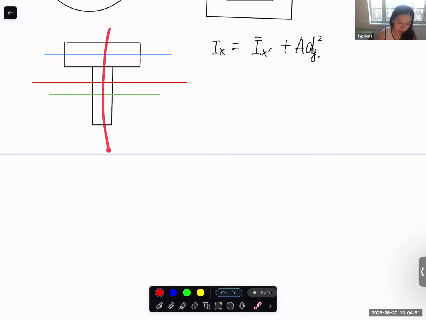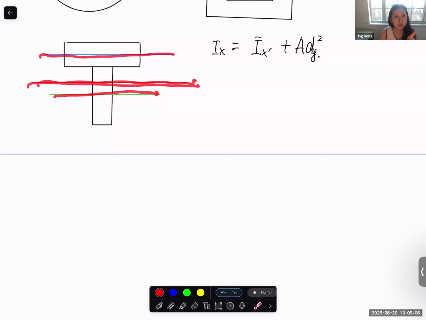Since it's symmetric about left and right, this is the line that passes through the centroid of the entire cross section. And when this neutral surface is not overlapping with the centroid of the horizontal rectangular cross section and the vertical rectangular cross section, we do need to use the parallel axis theorem.